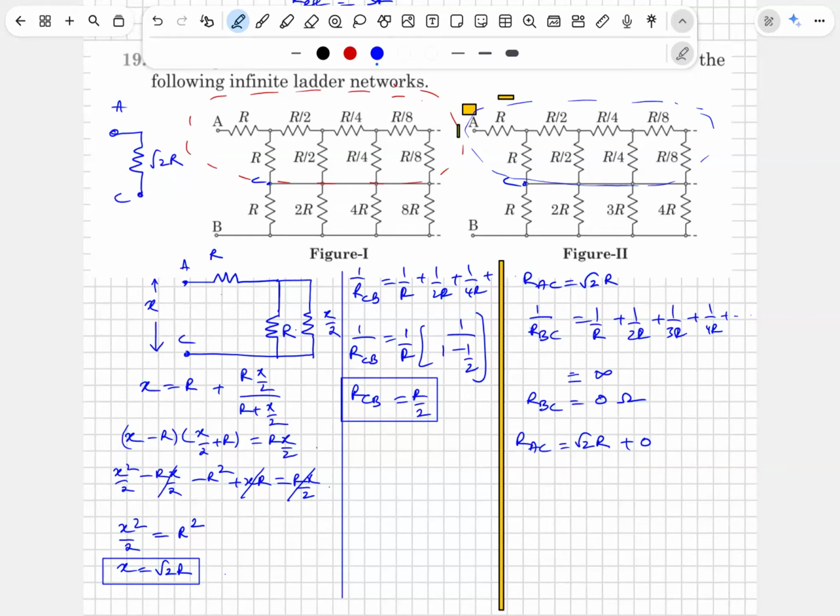1 by R CB is equal to 1 by R plus 1 by 2R plus 1 by 4R plus so on. So 1 by R you take common, like 1 by 1 minus 1 by 2, that is R by 2. So practically the remaining portion is like, please tell me what is the remaining portion. Remaining portion means the entire thing is R by 2.